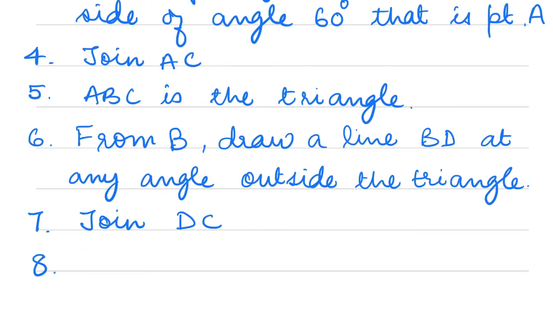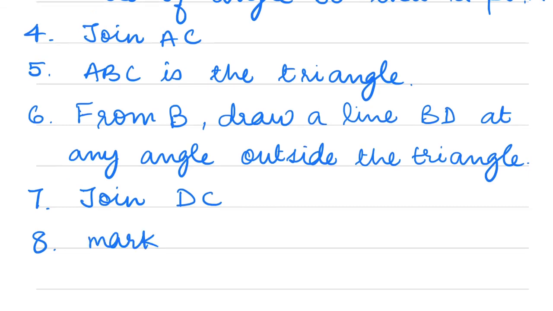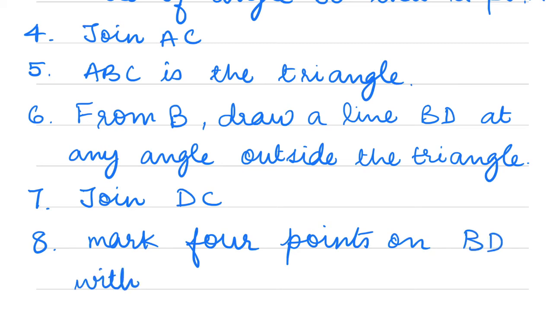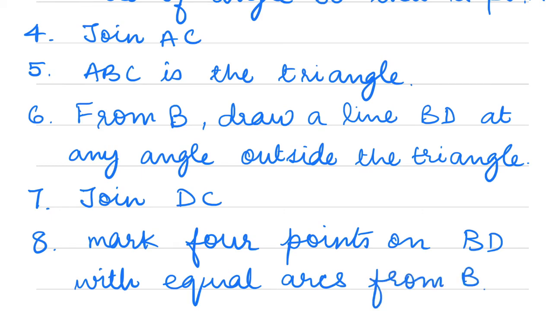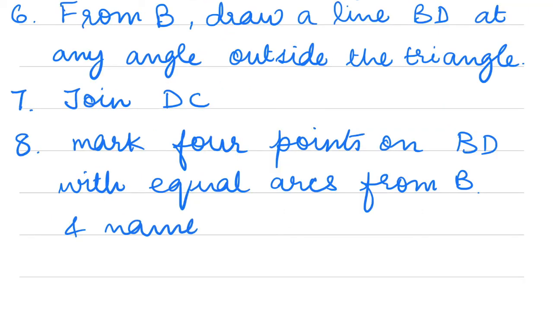Now as we have to draw 3/4, we will mark 4 points on BD with equal arcs from B and name as F, E, G, and last one is T.